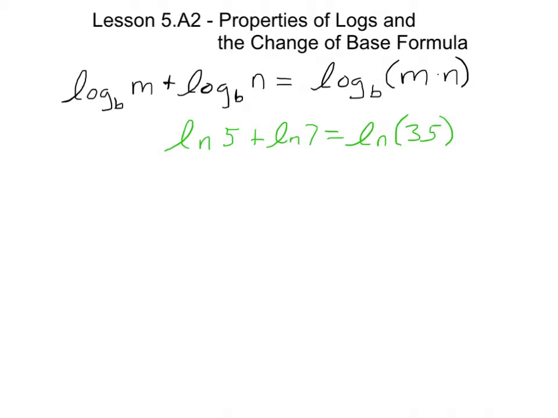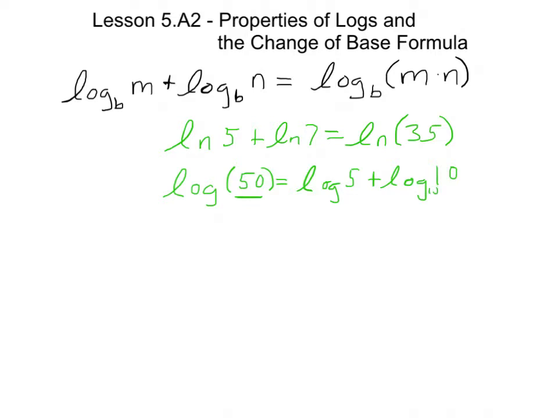But with that said, we can also use this property the other way. What if somebody asked, is there another way for me to think about the log of 50? And there certainly is. Because 50 is 5 times 10, I could write this as the log of 5 plus the log of 10. And actually, something that's even more interesting about this, when we write a logarithm that doesn't have a base like this, it generally means that it's a base of 10.